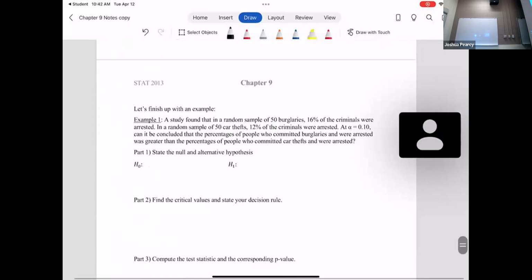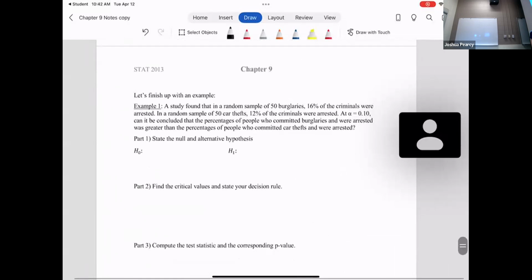Okay, it says a study found that in a random sample of 50 burglaries, 16% of the criminals were arrested. In a random sample of 50 car thefts, 12% of the criminals were arrested. Alpha is 0.1. Can it be concluded that the percentage of people who committed burglaries and were arrested was greater than the percentage of people who committed car thefts and were arrested?